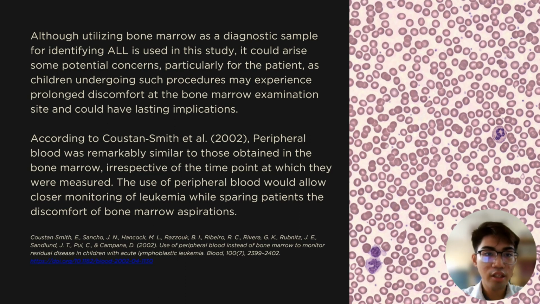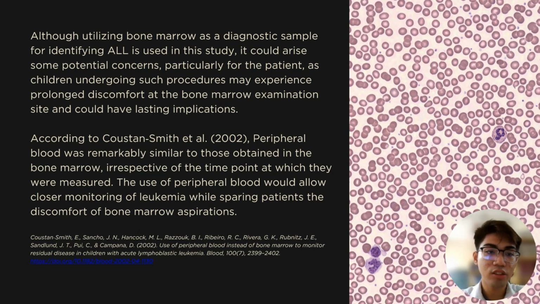In their study, they used bone marrow as their main sample for diagnosing ALL, but it could raise some potential concerns because young patients may experience discomfort, and the bone marrow examination sites could have long-lasting implications, which is not a good thing for a patient. So an alternative could be peripheral blood smears.